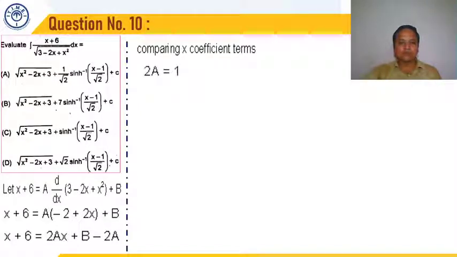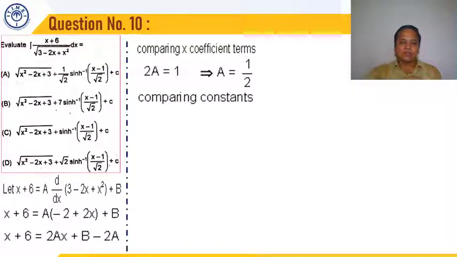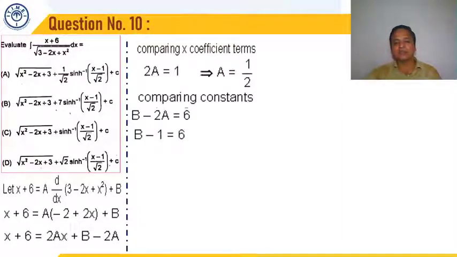So 1 is equal to 2a, which gives the value of a as 1 by 2. Now if we compare constant terms, we had 6 on the left hand side and b minus 2a on the right hand side. We know a is 1 by 2, so we substitute this value. So we get b minus 1 is equal to 6. That gives b equal to 7.